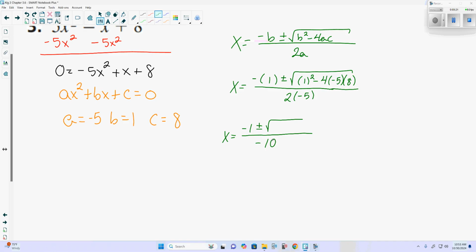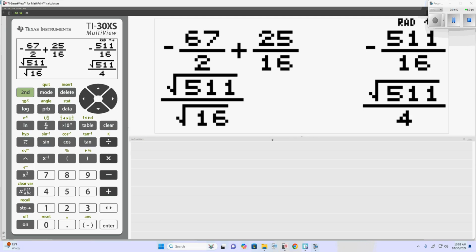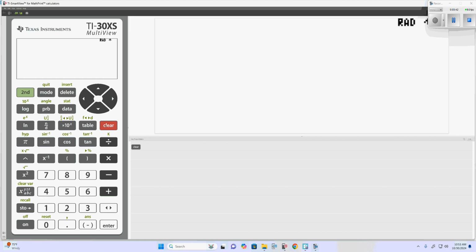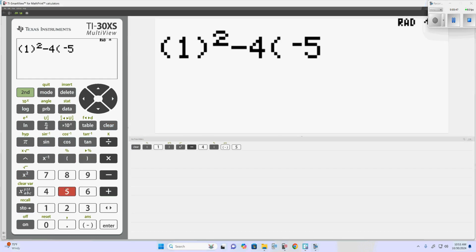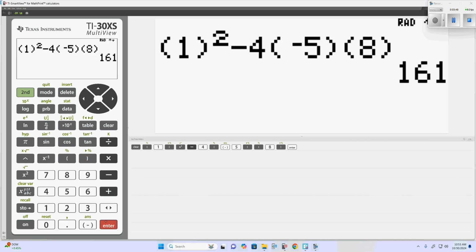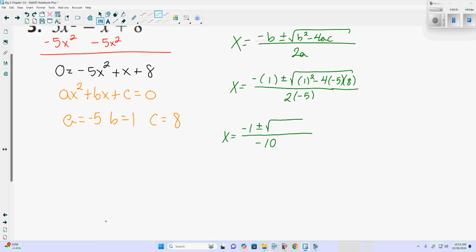Okay, guys. Now at this point here, we need to simplify what's inside the square root. Our 1 squared minus 4 times negative 5 times 8. One squared minus 4 times negative 5 times 8 is 161.